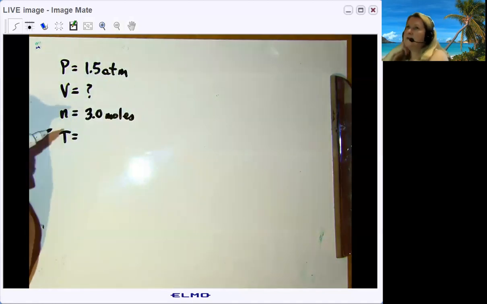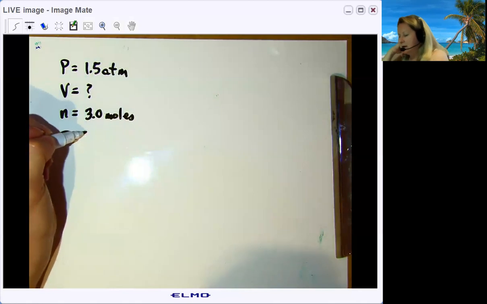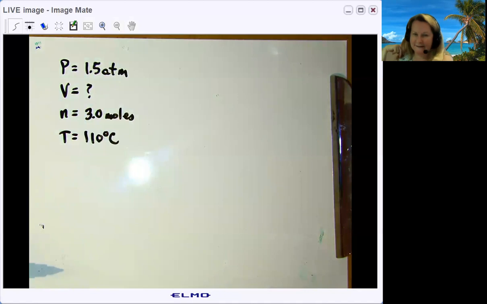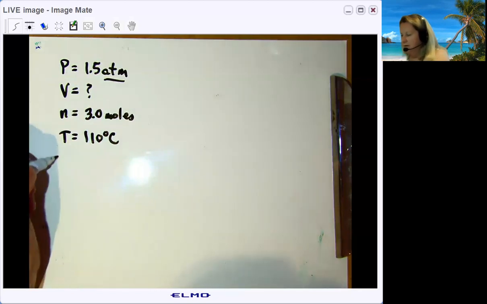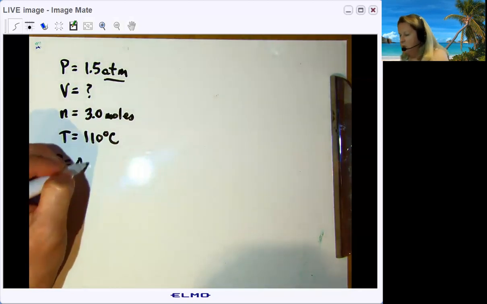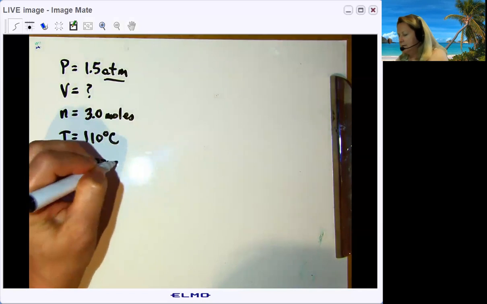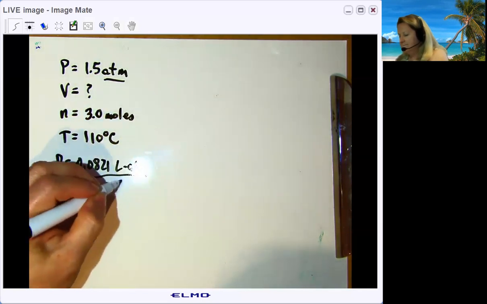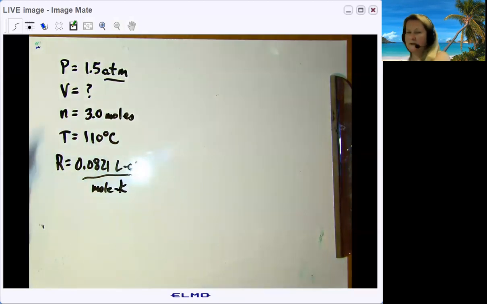And our temperature this time is going to be, let's go a little crazy and have it at 110 degrees Celsius. Now, again, we're using ATMs and pressure. So the R value we're going to use is 0.0821 liter atmospheres per mole Kelvin. And this time we're looking for volume.